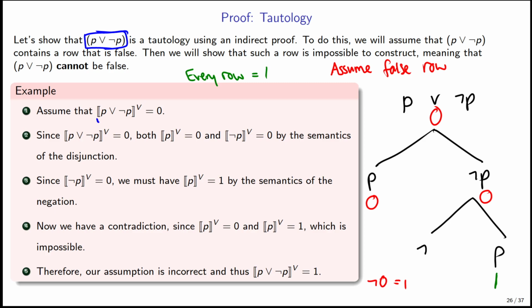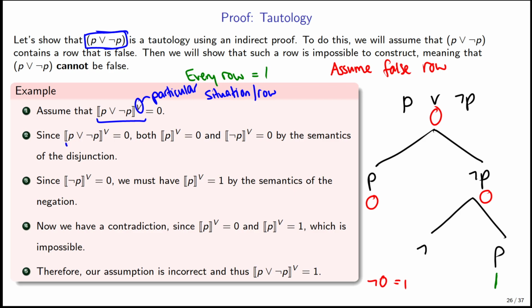Assume that P or not P is false in some situation V. So this V just means a particular situation, or you can think of it as a particular row. Assume that for some particular row, it's false.